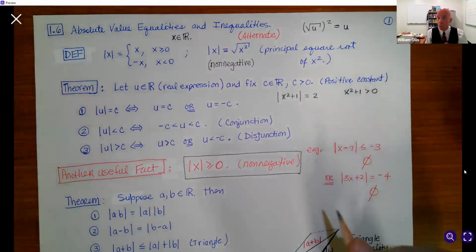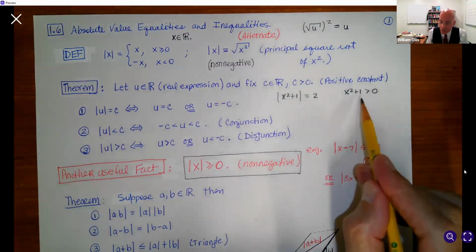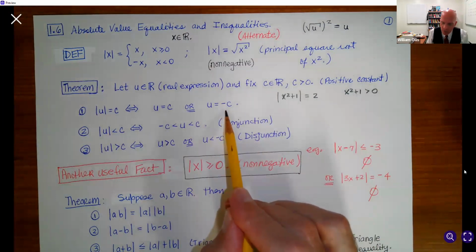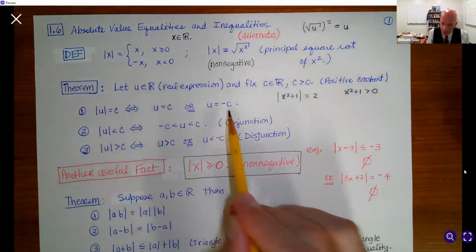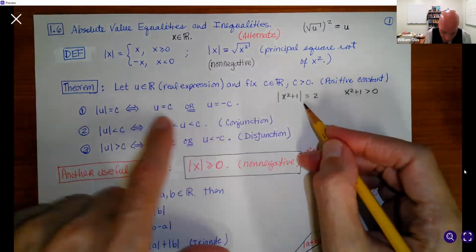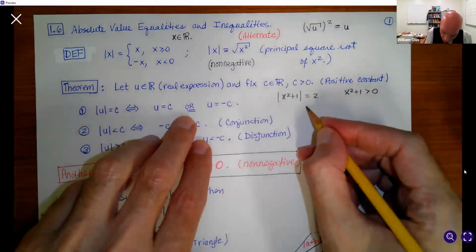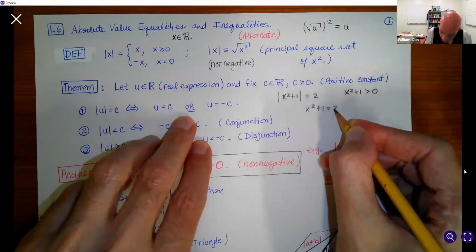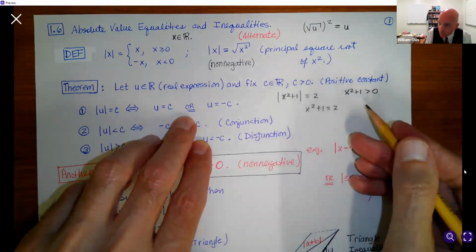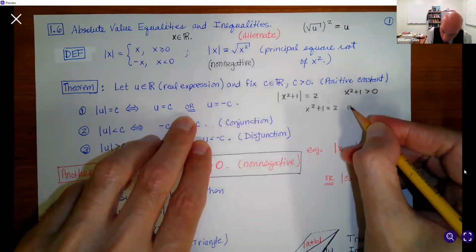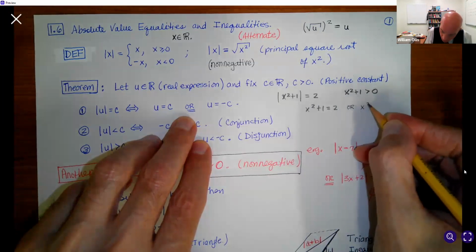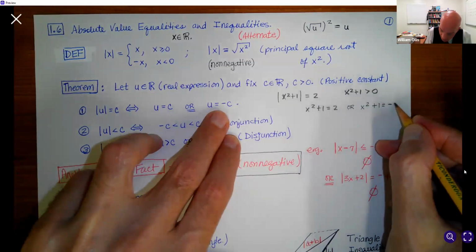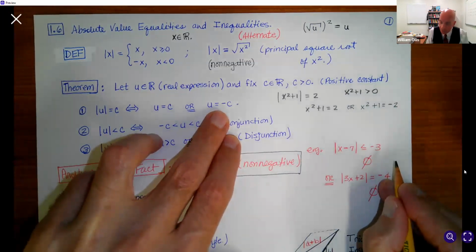So when we think about this, we look at this particular side. We would know that this would never have a solution. So if we took this theorem and said, okay, well, we'll look at x squared plus 1 equals 2, which we could solve by factoring or the square root property, or x squared plus 1 equals the additive inverse of c, which in this case is -2.